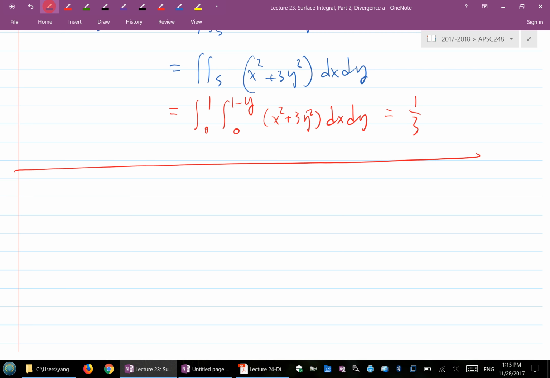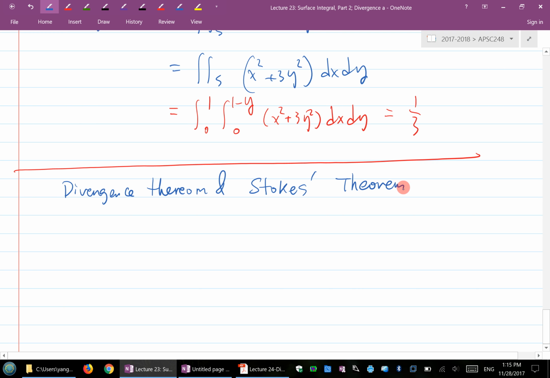So now that brings us to the last topic of this class. In the last topic we're going to have 2 very important theorems. One is called the Divergence theorem, and the other is called Stokes' theorem.